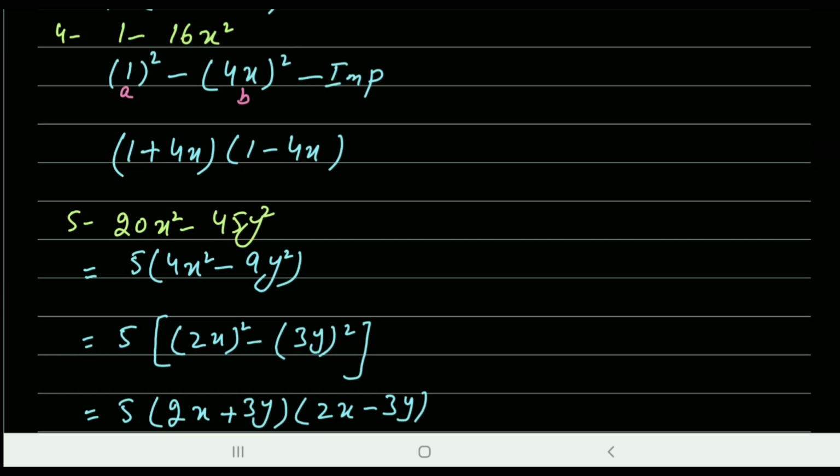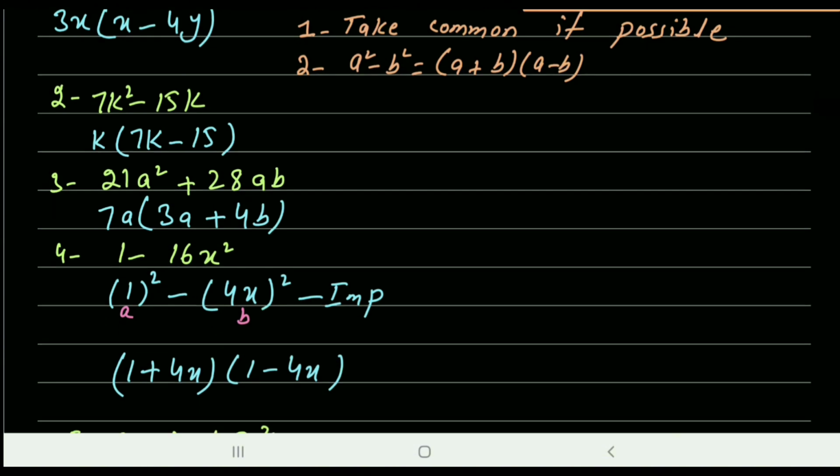Like question number 6, 3x square minus 48y square.